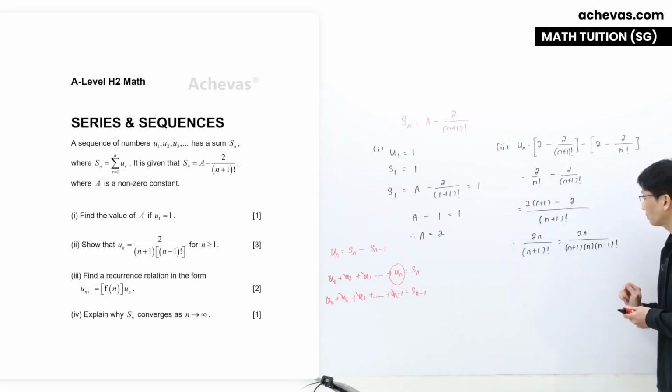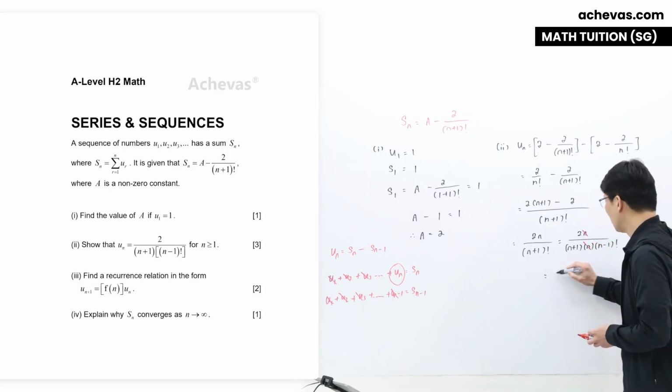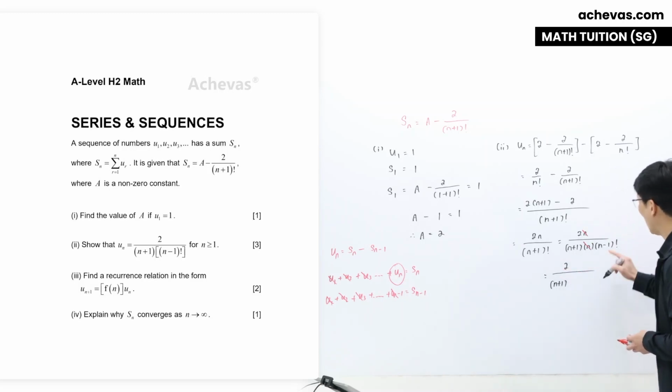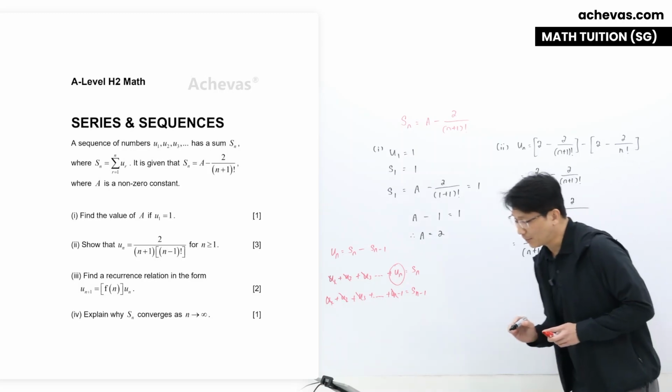This is equivalent. By doing so, I can see that this n can be cancelled away. So therefore, I'm only left with 2 over (n plus 1), and this will be the expression that I need to show for part 2.